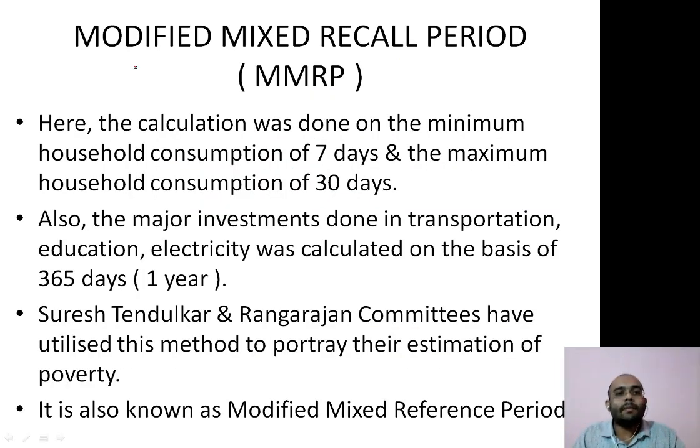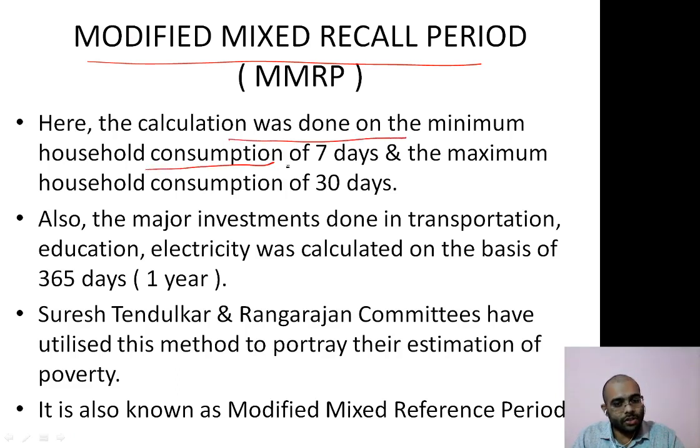Now we will see the modified mixed recall period. So what is modified mixed recall period? Here the calculation was done on the minimum household consumption of 7 days and maximum household consumption of 30 days.